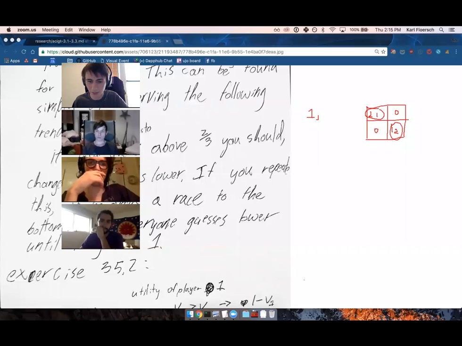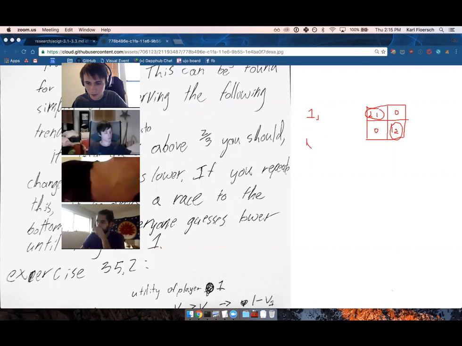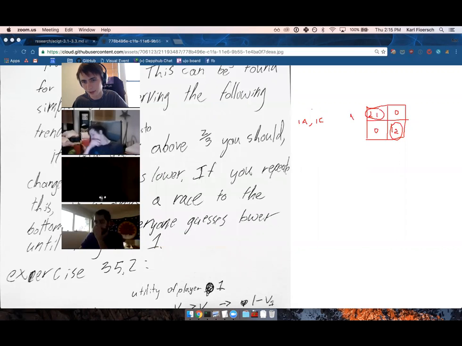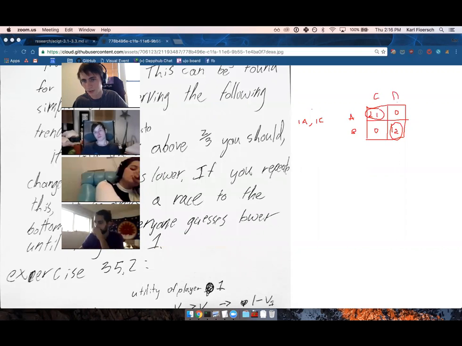It should be A played with probability one, and then C played with probability one, as I called it before. So this is A, B, C, D. That's a Nash equilibrium in the pure strategy form.